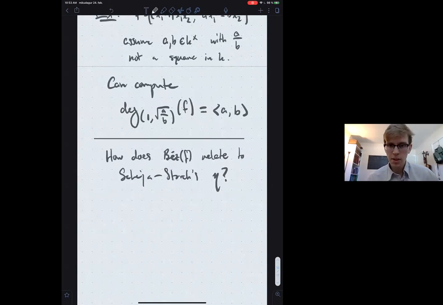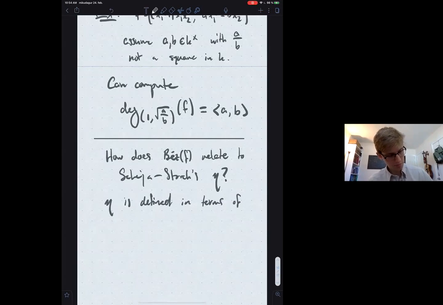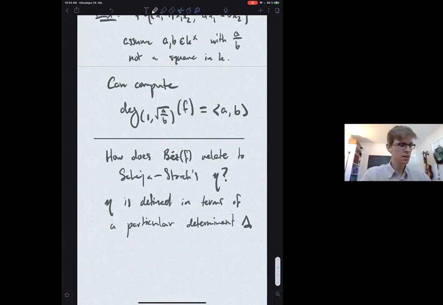Okay, so we'll start by talking a little bit about how eta is actually defined. So eta is defined in terms of a particular determinant, delta. If you've read their paper, you've seen this delta and have maybe wondered how to actually compute it.